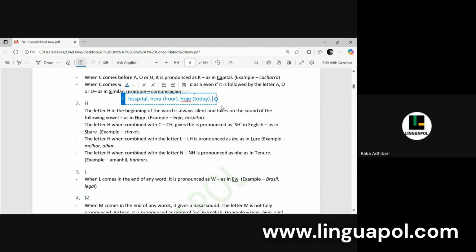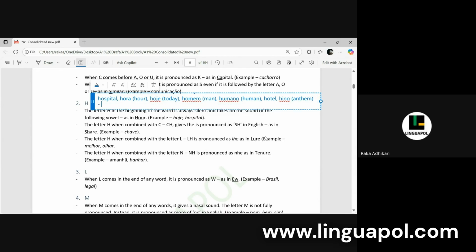Common words like homem. Homem means man. Similarly, humano. Humano means human. Then hotel. Hotel means hotel. I'll not write the meaning, it is the same word. Very important word: hino, it's called hino. Hino is an anthem.